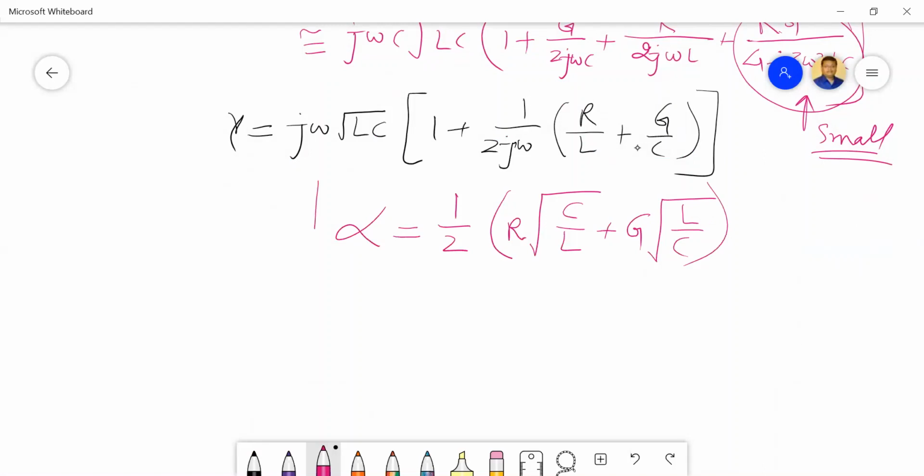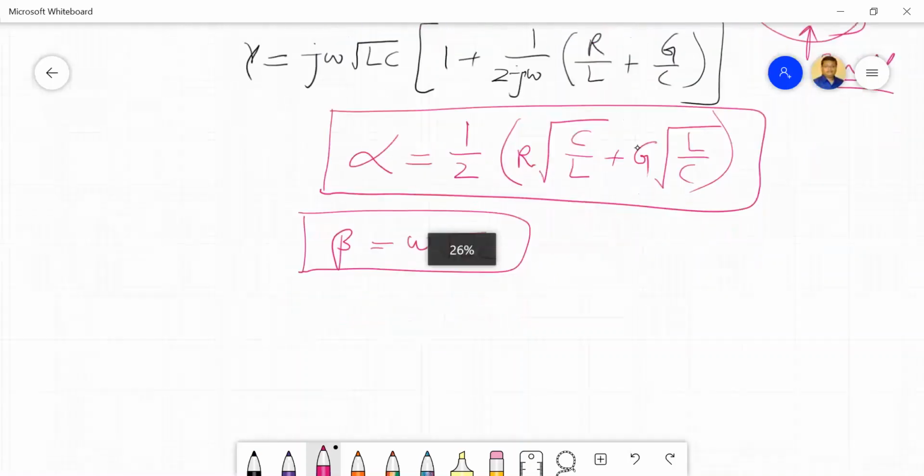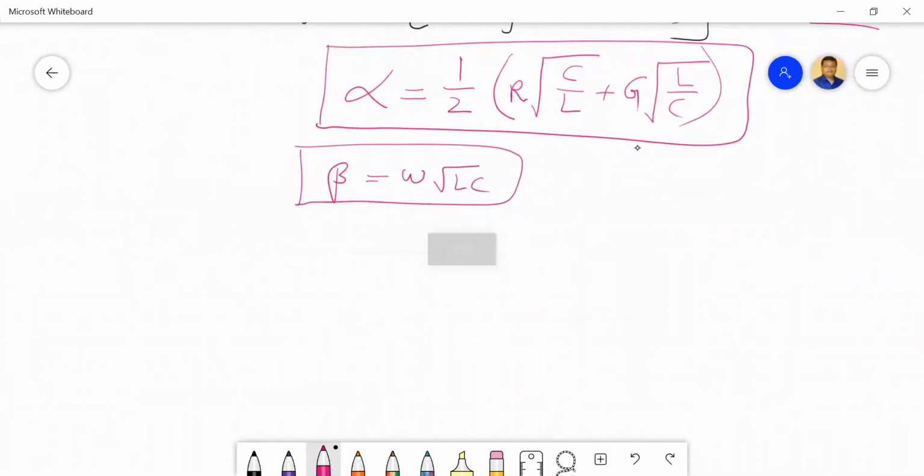This is alpha. What is beta? Beta is omega under root LC. And phase velocity and all the things will remain the same.